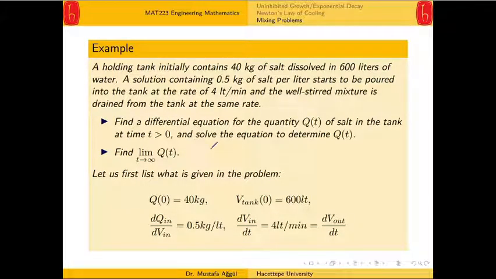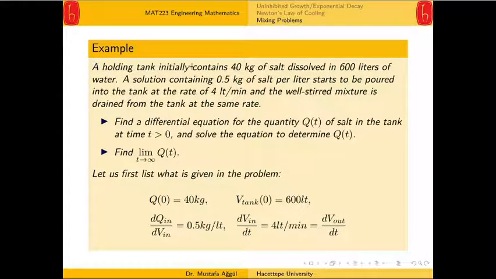A holding tank initially contains 40 kg of salt dissolved in 600 liters of water. A solution containing 0.5 kg of salt per liter starts to pour into the tank at the rate of 4 liters per minute, and the well-stirred mixture is drained from the tank at the same rate. Before going into the questions, let's list what's given already.